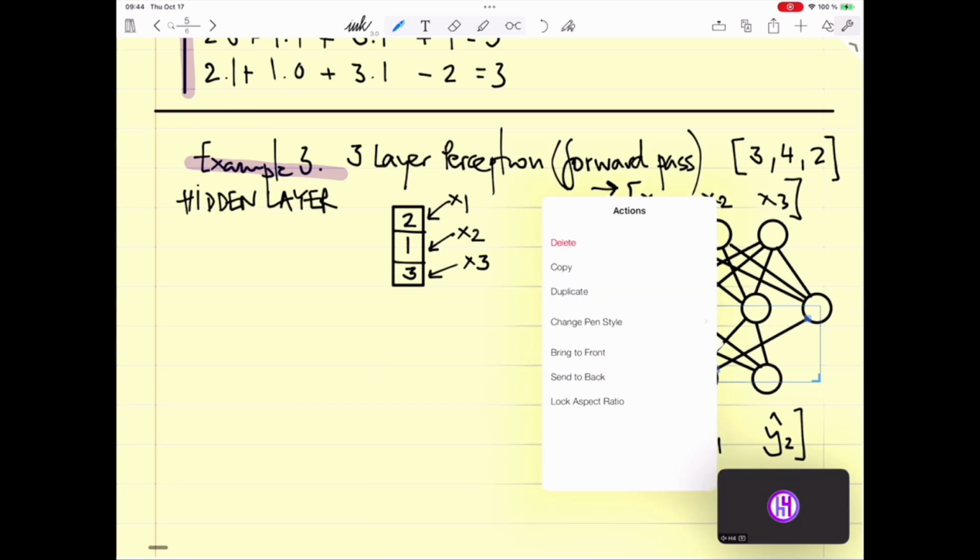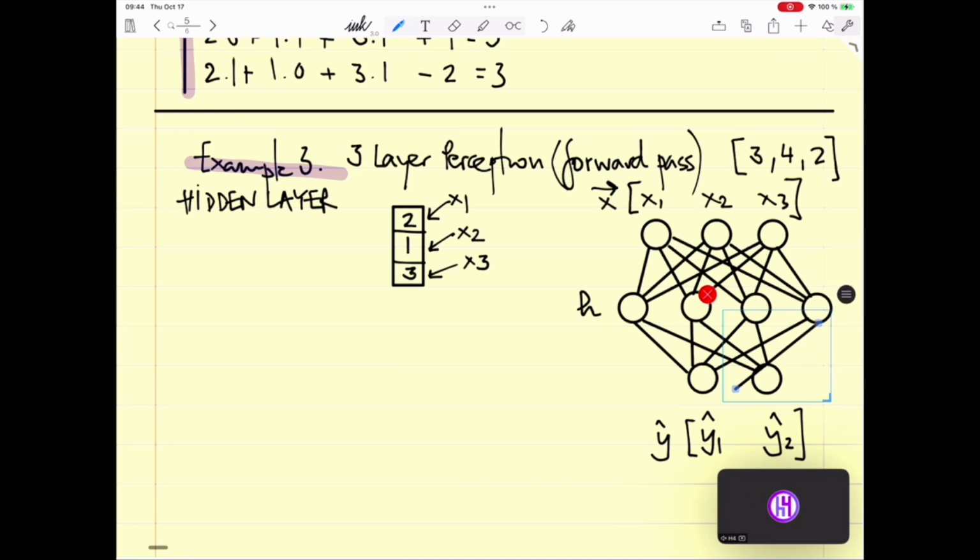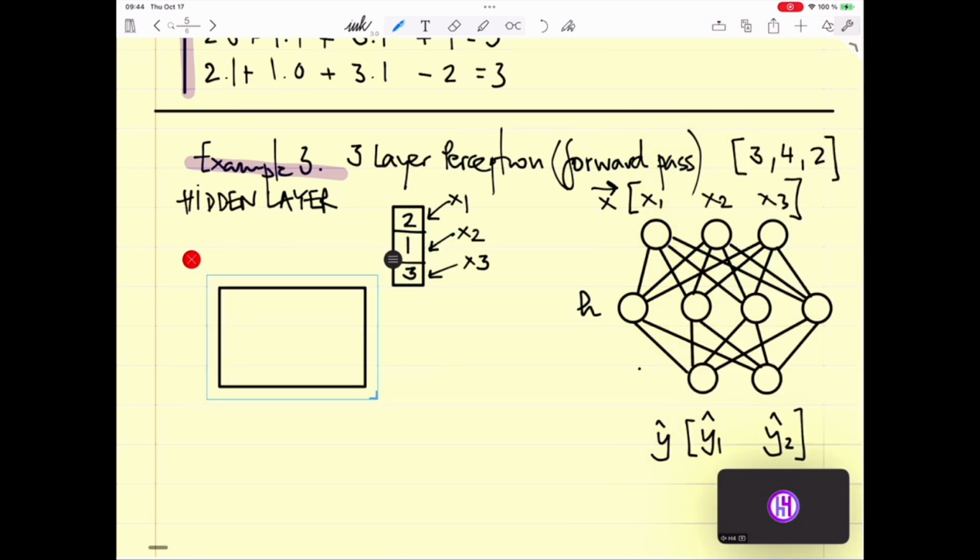So one example so that you can have, it looks pretty, I think. As pretty as it gets, I guess.